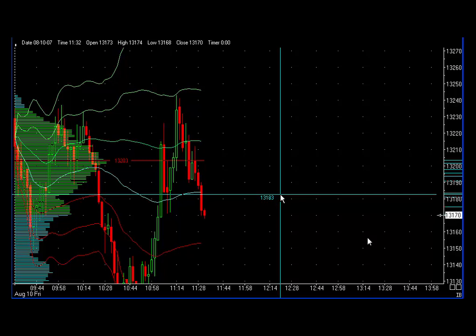And so you would wait here for the market to retrace to around 13,183 and on an up bar, and then wait for that up bar to be violated. That is, wait for the low of that bar to be broken and then enter the trade. That's always the safest place to take an entry.